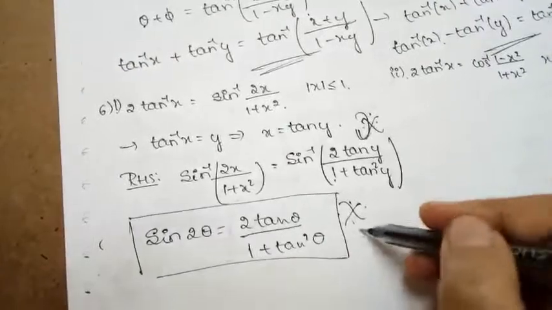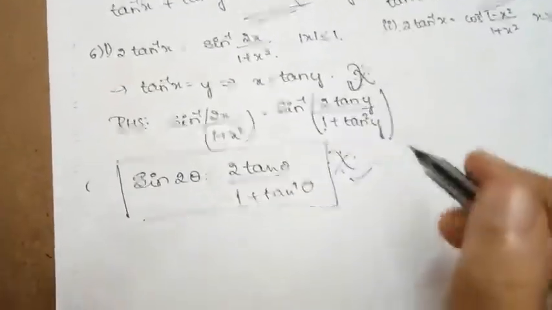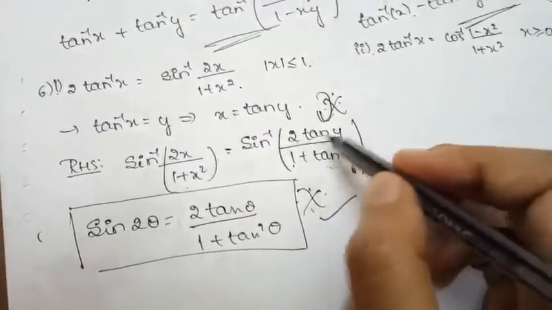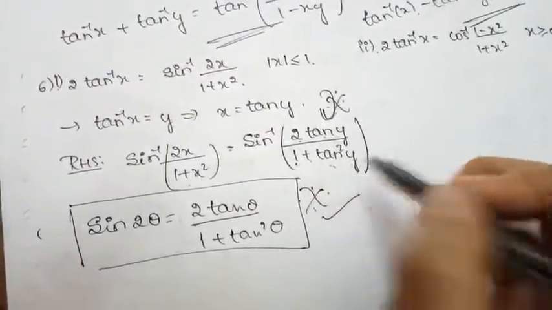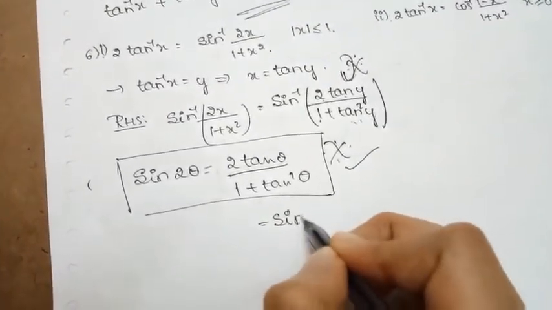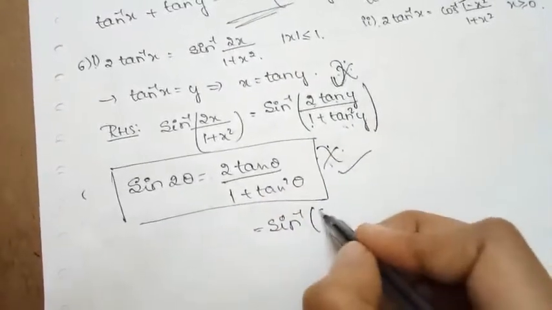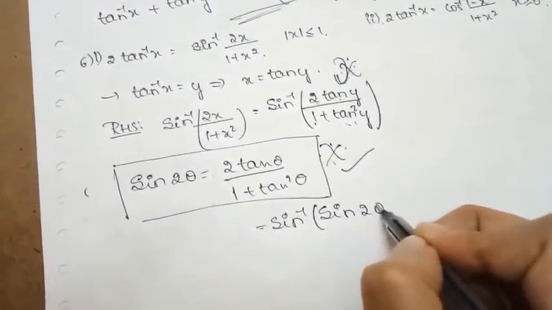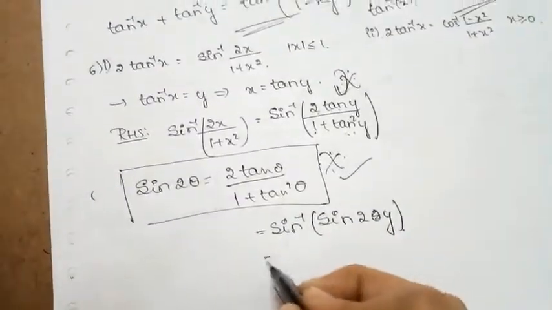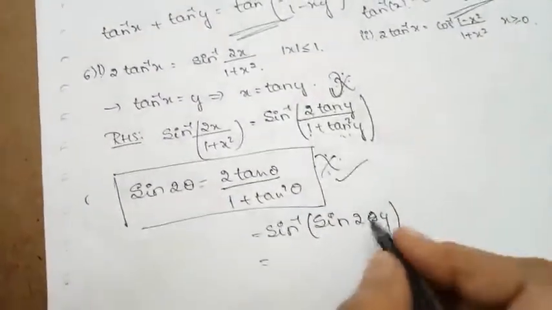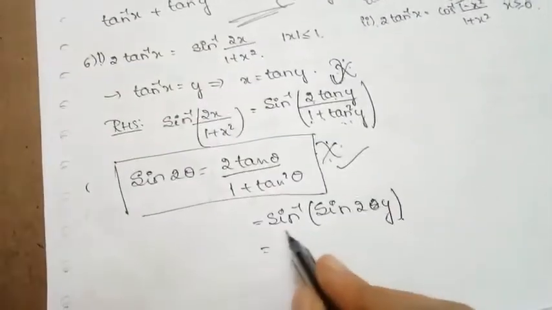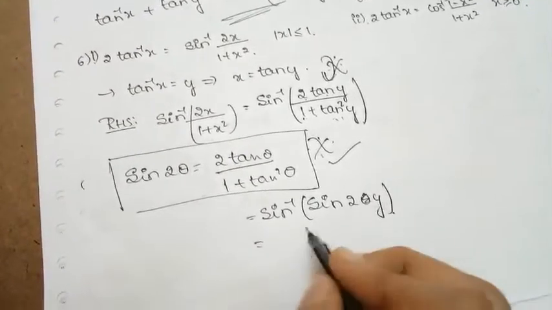Looks like I have seen this somewhere. Yes, this is the property which you have learnt in class 11th. So now I am using that property here, 2 tan y divided by 1 plus tan square y. So what happens to that one? That implies sine inverse of, that property is nothing but sine 2 theta, here it is y, sine 2y.